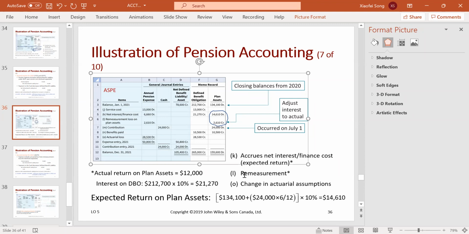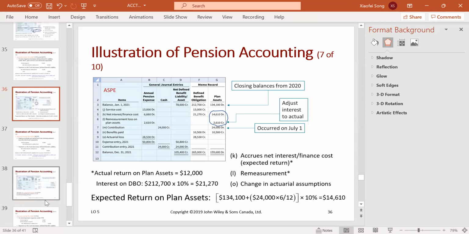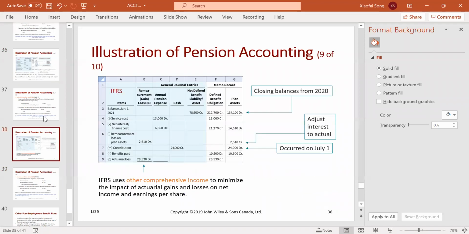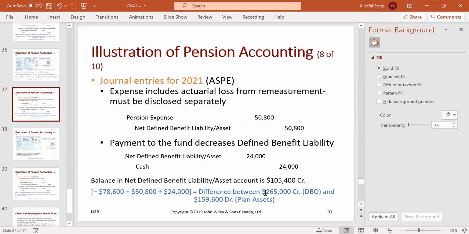And when that's all done, the items after all would make up the journal entry. So add all the expenses up, 50,800, that needs to be recorded. The cash contribution needs to be recorded. Okay, so that's what the journal entry would be.